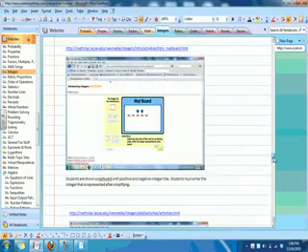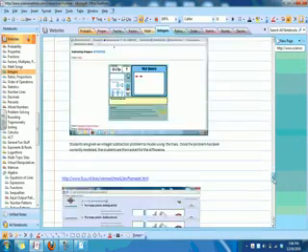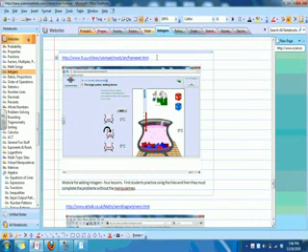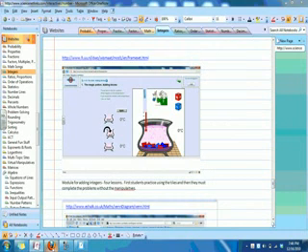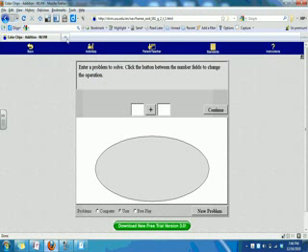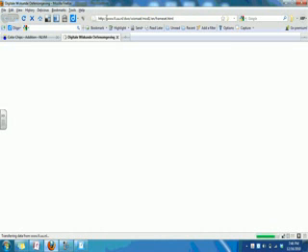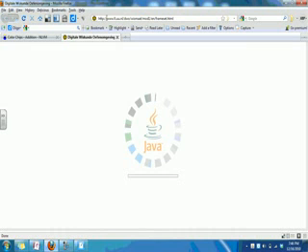Another great website, which will also be on the blog, is this one here. It's just straightforward practice, but it's exactly what you need whenever you're adding these integers together.